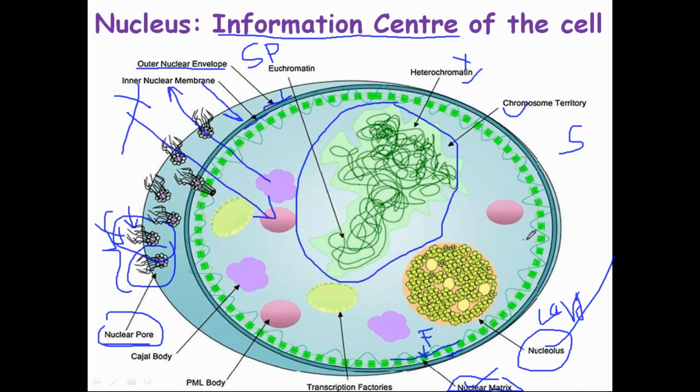If the nuclear matrix is not present, your nucleus will collapse. It will not be in its perfect shape, perfect position.